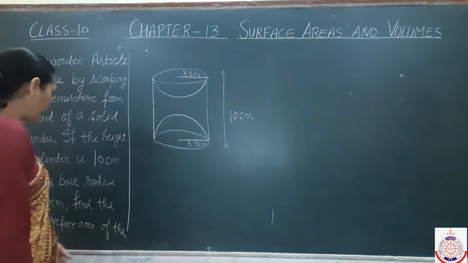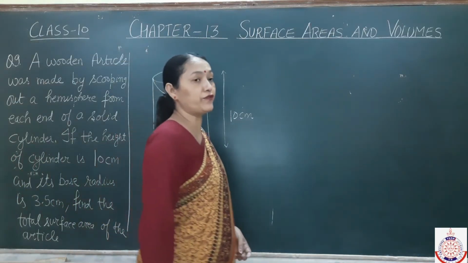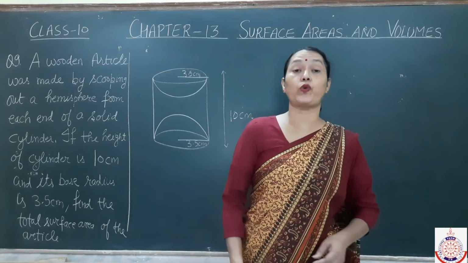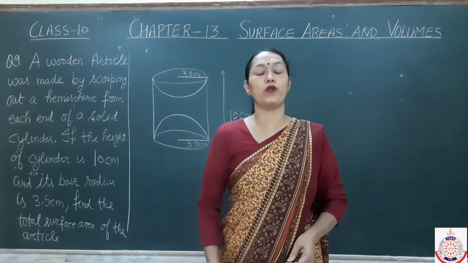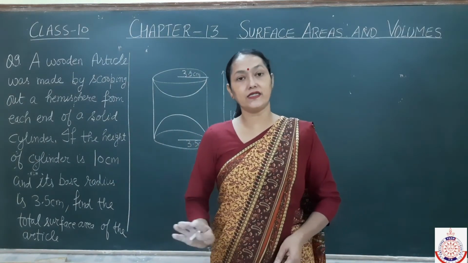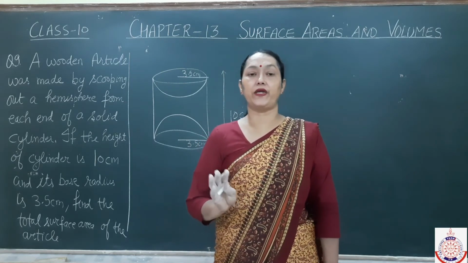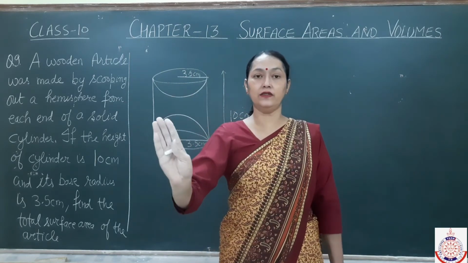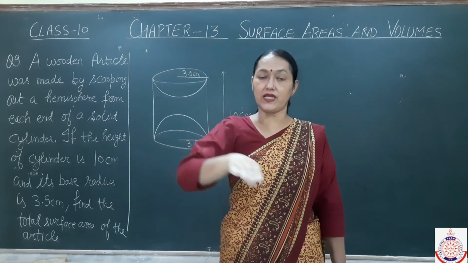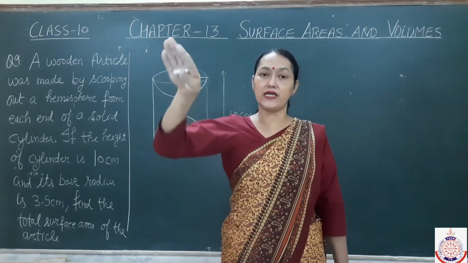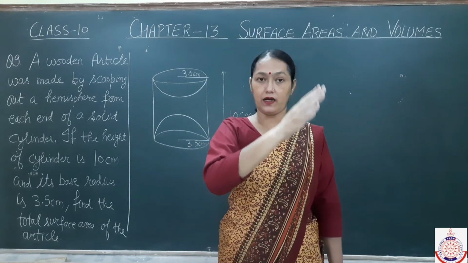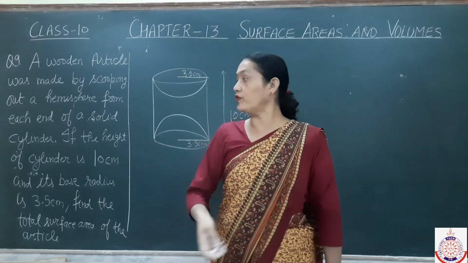They are telling us to find the total surface area of the article. Now don't get confused with total surface area. We don't have to use the formula of TSA. Here we see which areas are to be obtained: CSA of cylinder, and then these are again CSA of hemispheres, up and down, both the places.